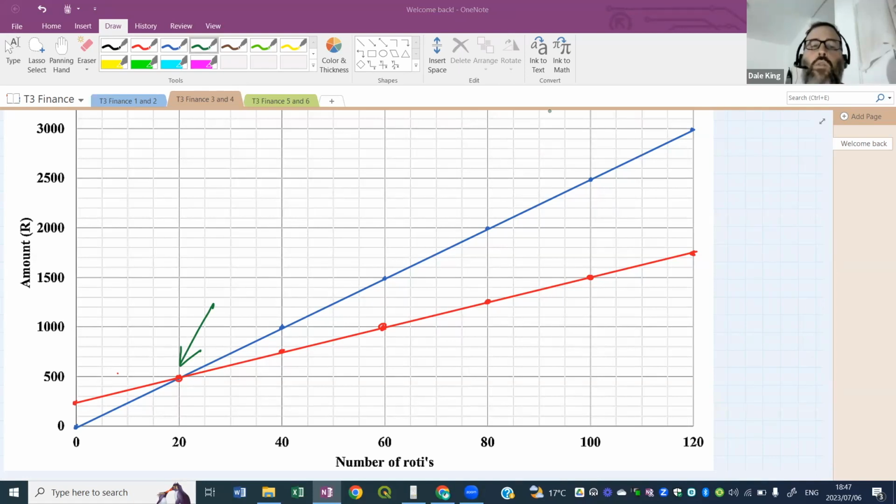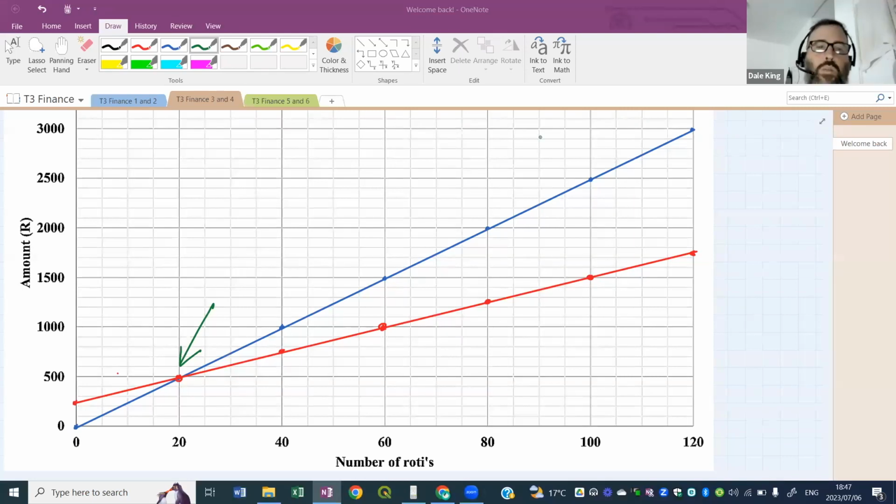Katlego is saying equilibrium. You're right. At that point, income and expenses are equal to each other. So equilibrium, not a bad idea. But Bianca's got the words I'm looking for. This is the break-even point.